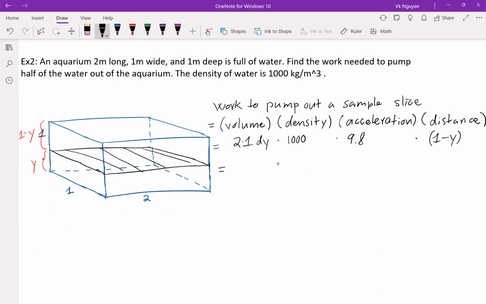Simplify this and we have 9.8 times 2,000 multiplied by 1 minus y dy.